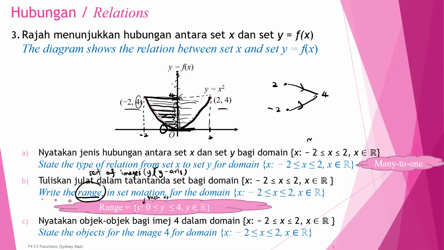Okay? I cannot write 0, 1, 2, 3, 4 because the numbers in between are also inclusive. How do I know it's inclusive? The biggest y is 4. Let's say this is 2. This is 3. Okay, 3 is here.